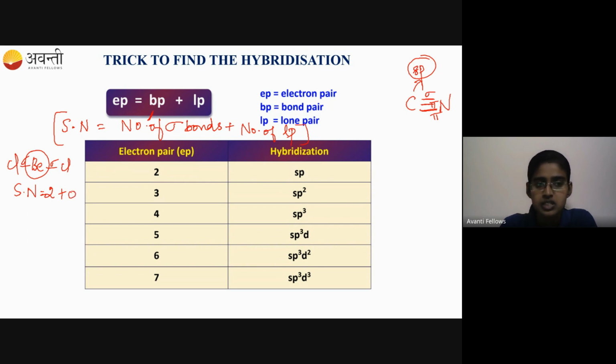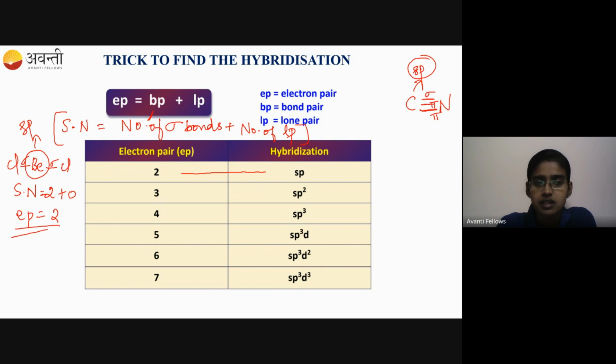So with 0 lone pairs, the steric number, or electron pair number, is 2. If it is 2, then the hybridization is sp. So that is what we have found out, right? The hybridization is sp.